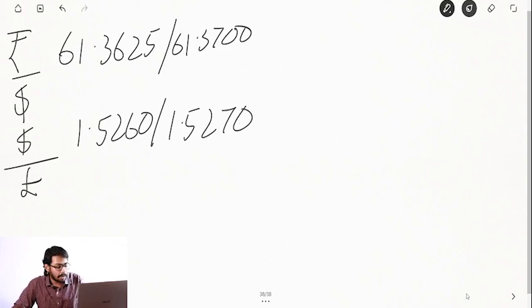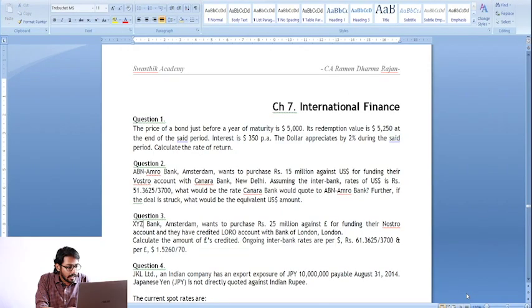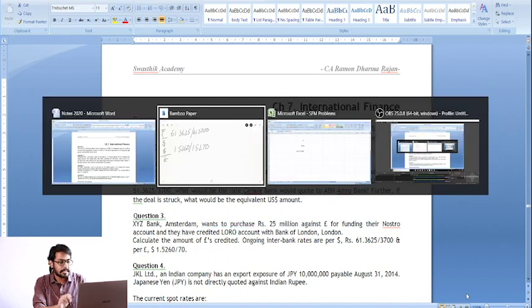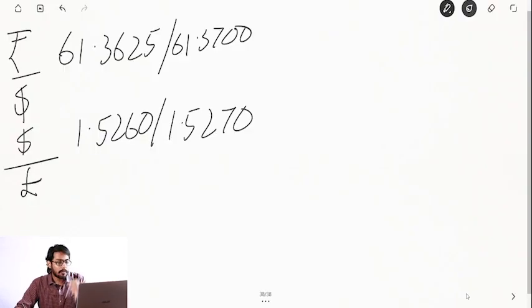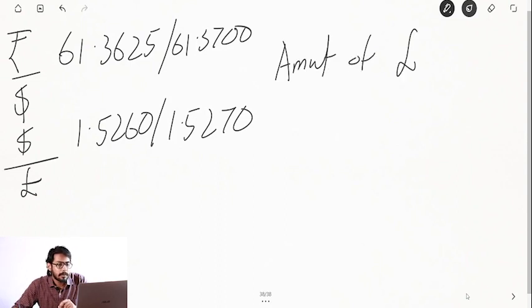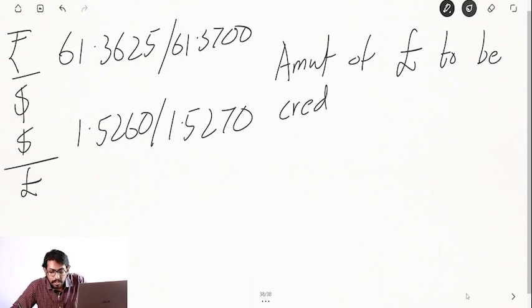Okay, what do you want? You want to purchase. How much does he want to purchase? XYZ wants to purchase 25 million, 2.5 crore rupees. Calculate, that's what they are asking. What is required?